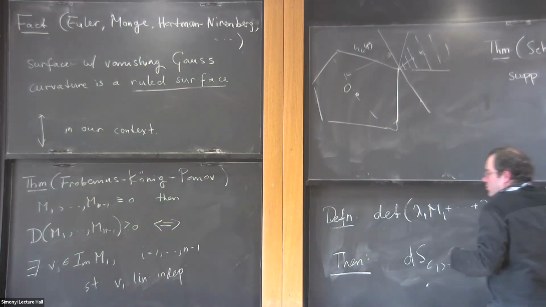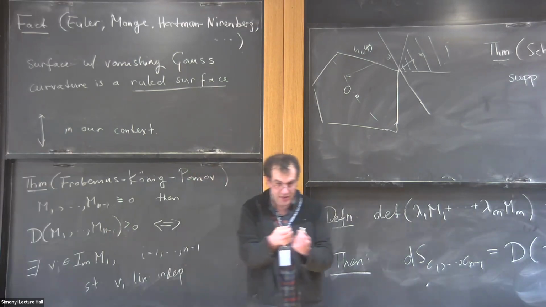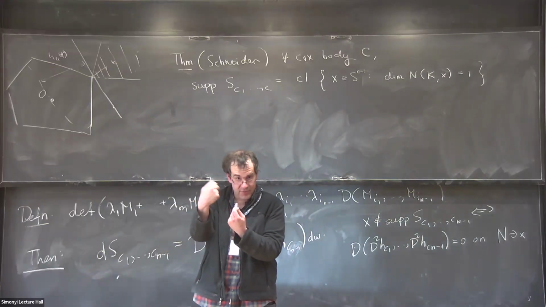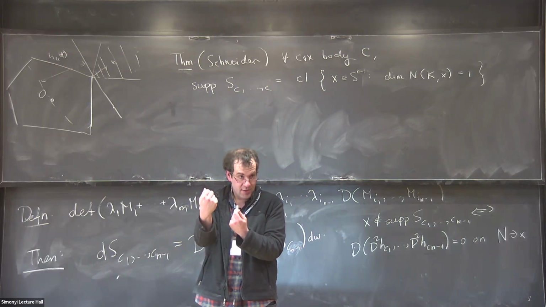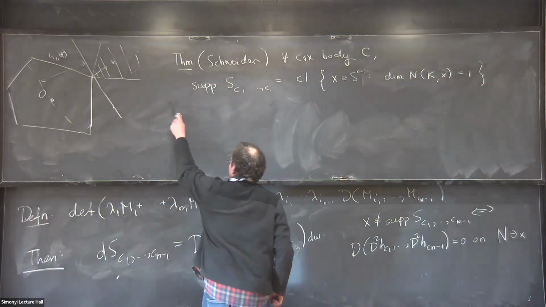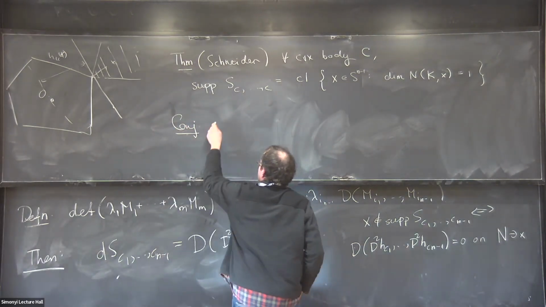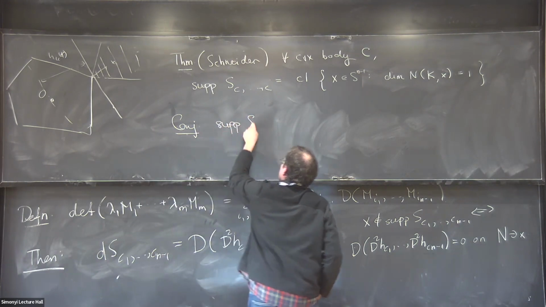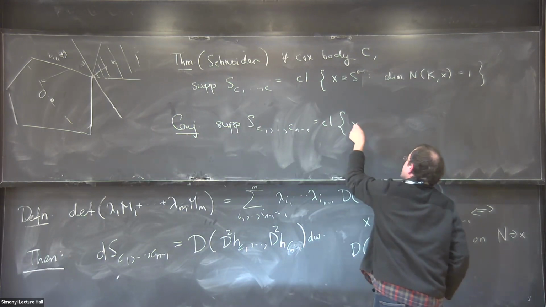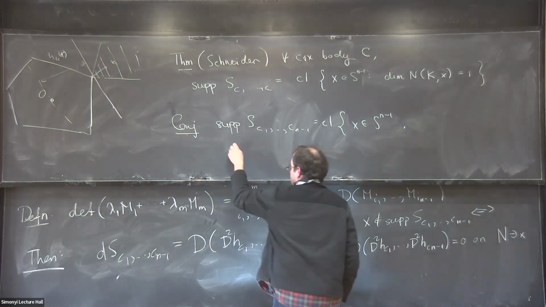And if you think again about the local to global, like we think about these as the Hessians, right? So these vectors being in the image of the Hessian, this is the orthogonal complement of the kernel, right? So this is the orthogonal complement of the normal cone, right? So this leads us to the following conjecture. The support is the closure of the set of all directions x such that the following holds.